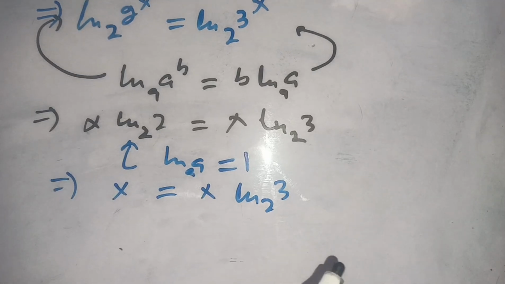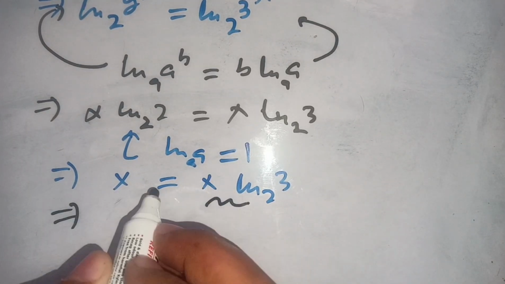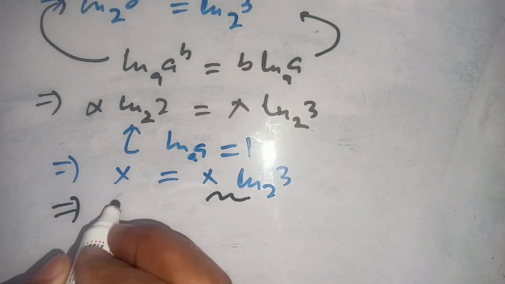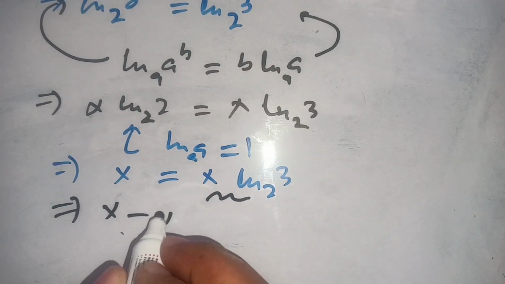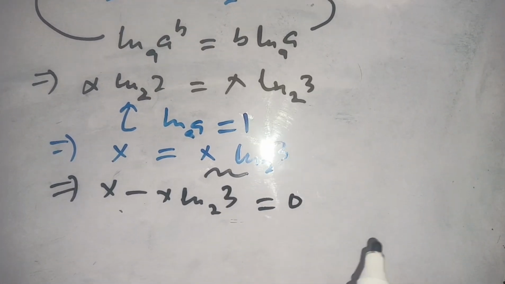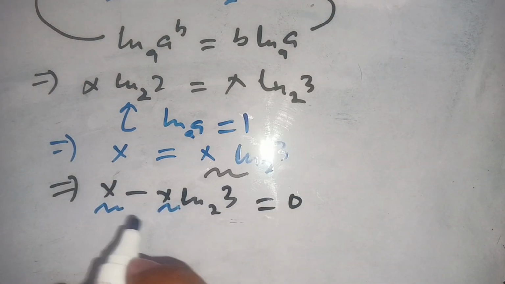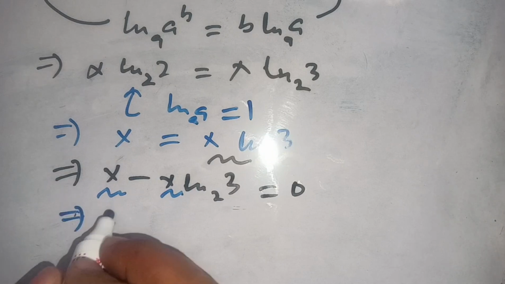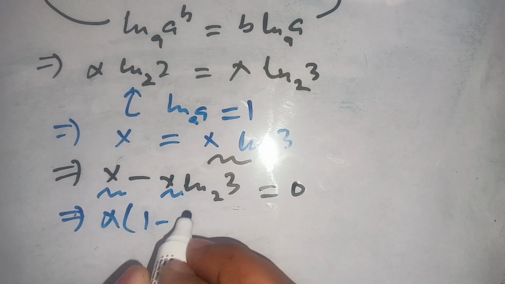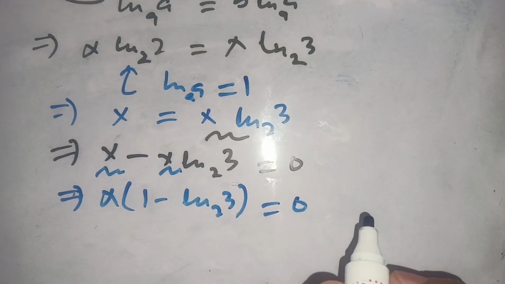Now, on the next step, we subtract the right hand side from the left hand side. We get x minus x log of 3 with base 2 is equal to 0. Now we can take x common from both terms. We get x times (1 minus log of 3 with base 2) is equal to 0.